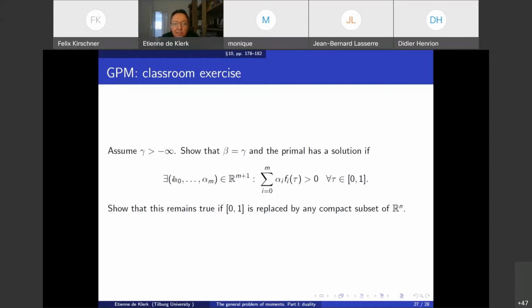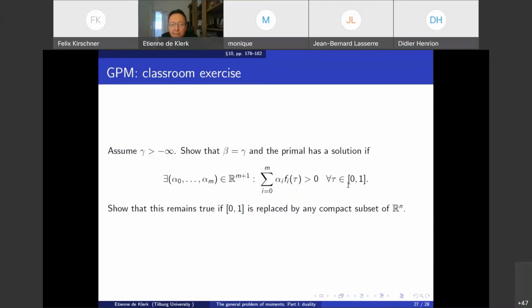We just need the existence of some multipliers alpha i, so that if we take this linear combination of the fi functions, including the objective function f0, we come up with a function that's strictly positive on our interval. Then this is a sufficient condition for strong duality.